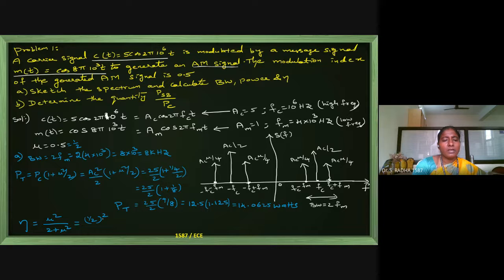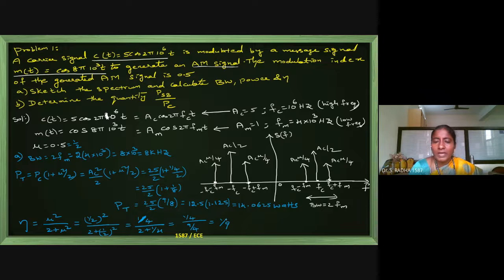(Half squared)/(2 + (1/2) squared), which I will make (1/4)/(2 + 1/4). Make the LCM and simplify: 1/4 over 9/4. The 4 will get cancelled, giving 1/9.